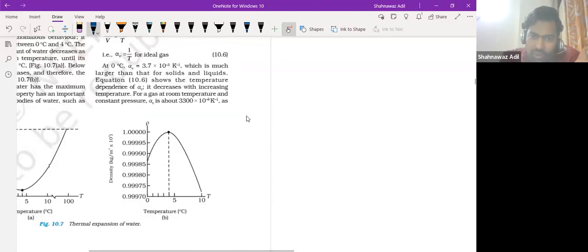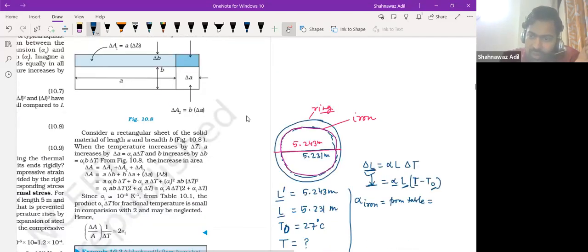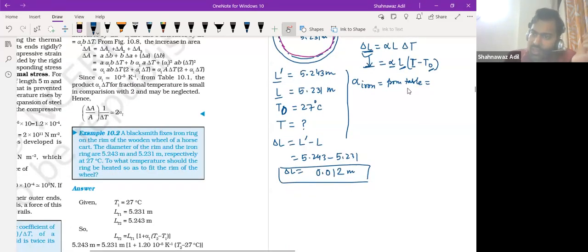Now we can put all the values and calculate.